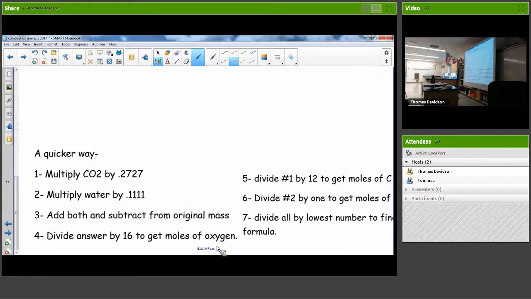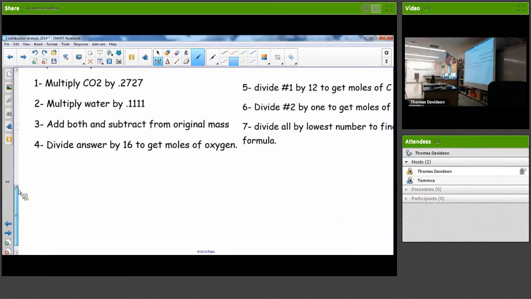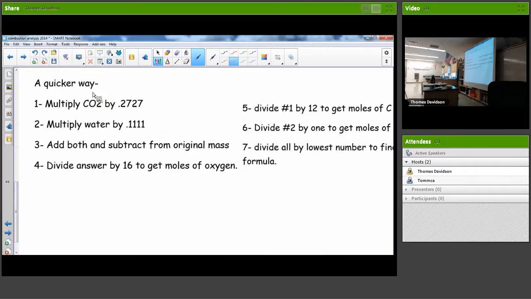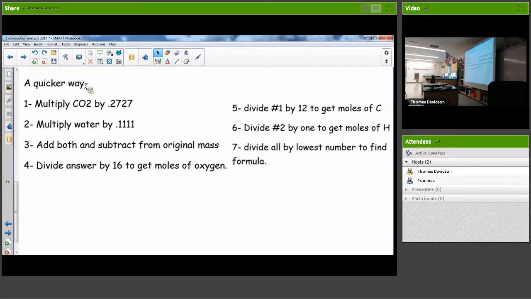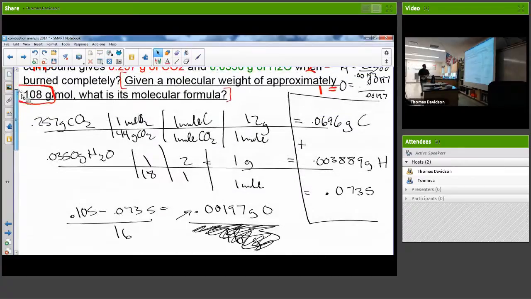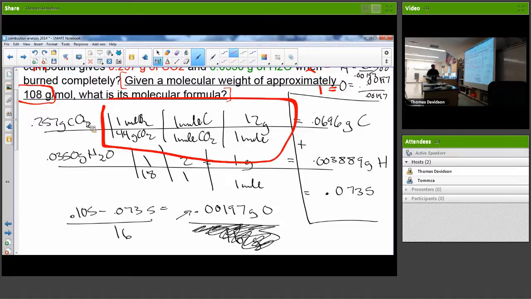Now, I only allow you to use this if you get it 100%. Follow my process here. If you looked at the last two problems that we did, you would notice that this part was the same both times.